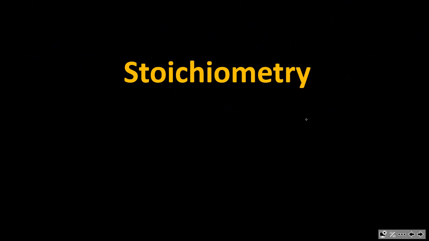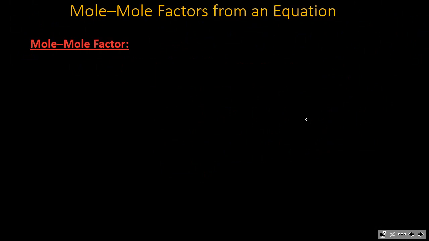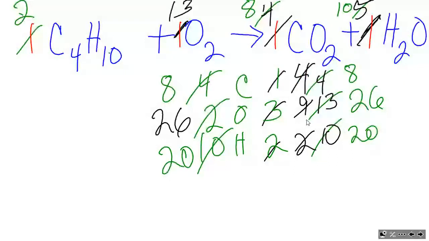All right, stoichiometry. So what we're going to do is we're going to use these balanced equations. We're going to use those coefficients as mole-to-mole ratios. Okay? So in my example there, how many molecules of butane are there in this equation per molecule of CO2?